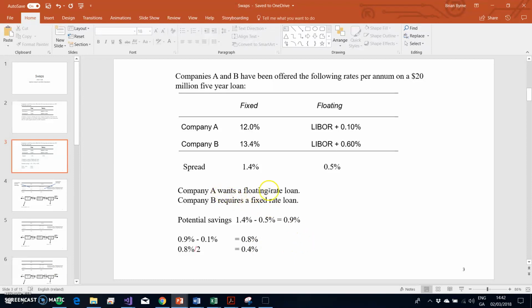Importantly, A wants floating, but its comparative advantage is here. B wants a fixed rate, but B's comparative advantage is on the floating side. So we want to structure a swap where A gets its floating rate, B gets its fixed rate, but with a benefit to the tune of 0.4%.